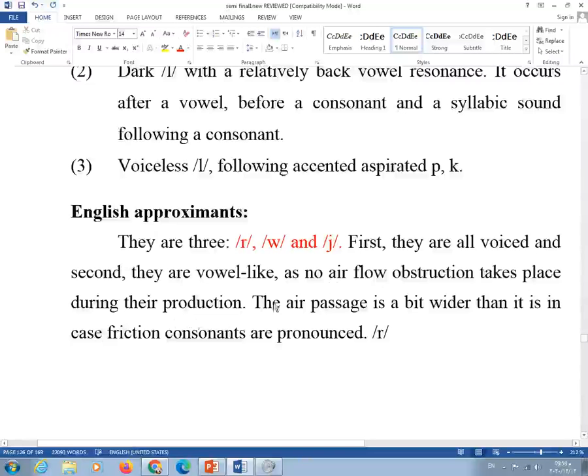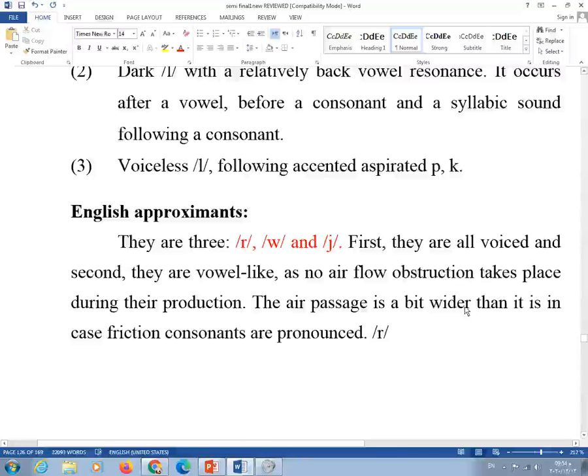The air passage is a bit wider. Please don't forget that it's a bit wider than it is in the case of friction. The difference between approximants and fricatives is that in the pronunciation of approximants, the air passage is a bit wider. So there is no friction.